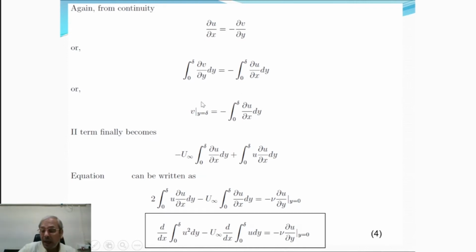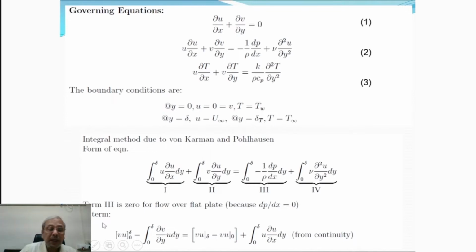So in the previous page, this integral, the second term, is basically we got uv at delta minus uv at 0. U into v at 0, u is 0, v is 0, so uv at 0 is 0, but uv at delta is non-zero, plus from here we got u ∂u/∂x dy integrated between 0 to delta.